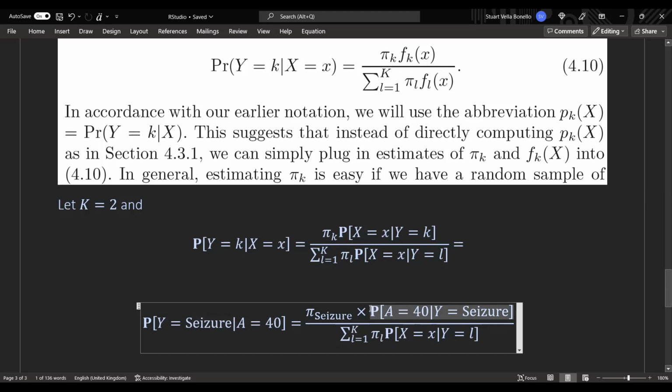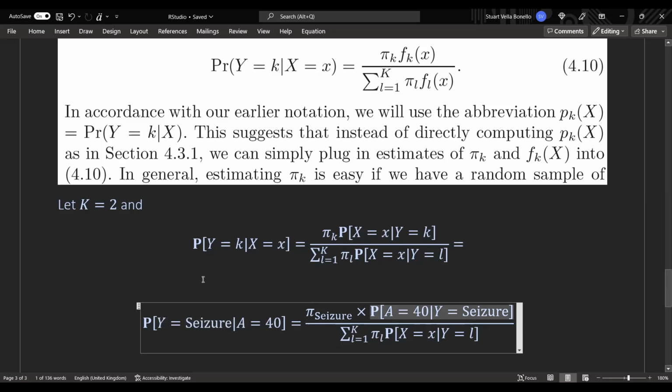patient was admitted with a seizure. So this is the probability of being admitted with a seizure if you're 40, and what's the probability of being admitted at age 40 if you had a seizure?